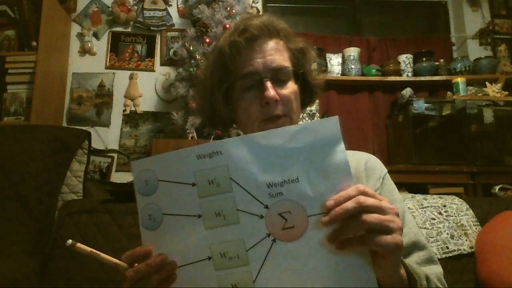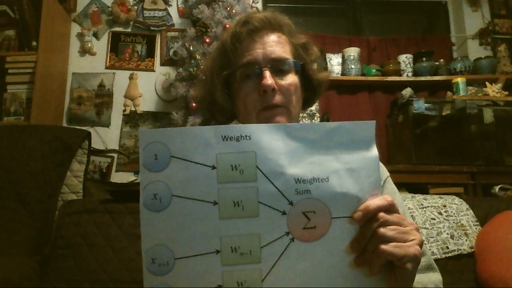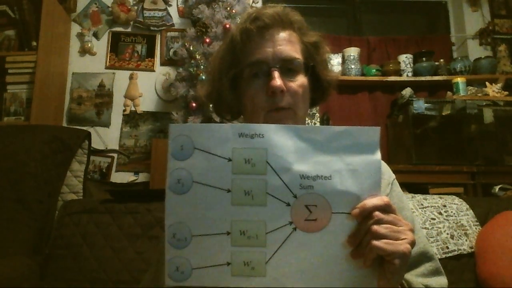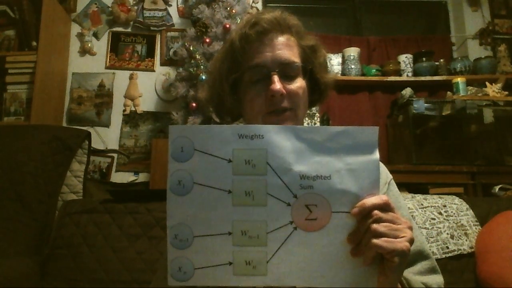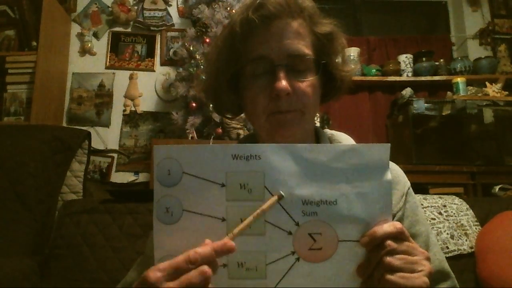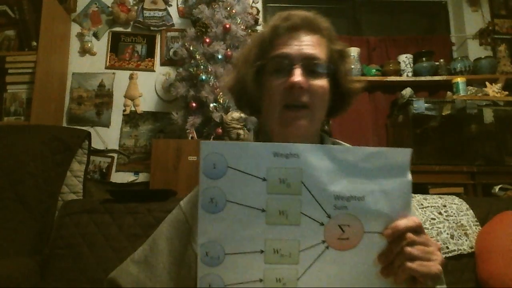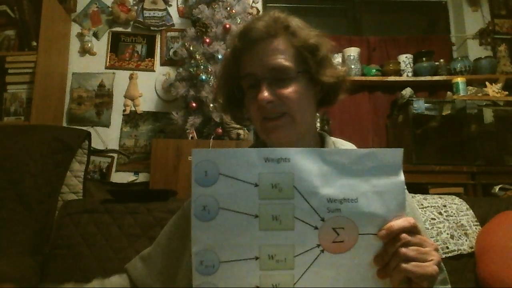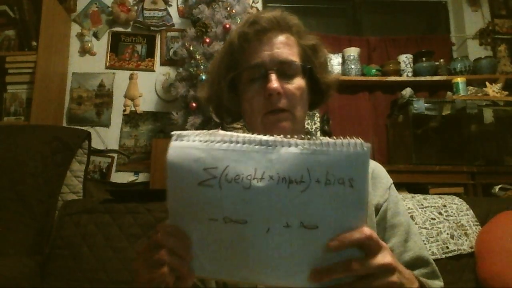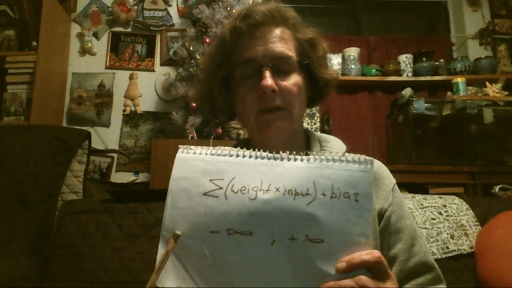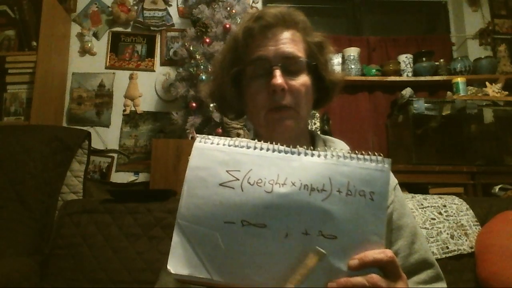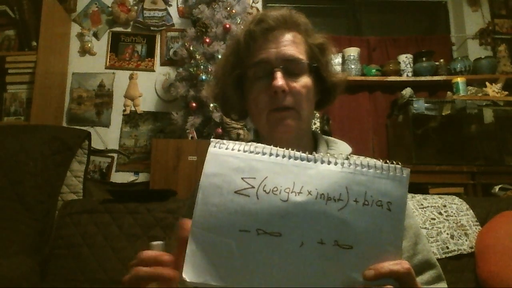Well, let's look at our perceptron if we did not have activation function. So say we have to make a decision based on our weighted sum. Can it be done? Well, let's think about what is the range of our weighted sum. It's actually minus infinity to plus infinity. Not a good range to make a decision.